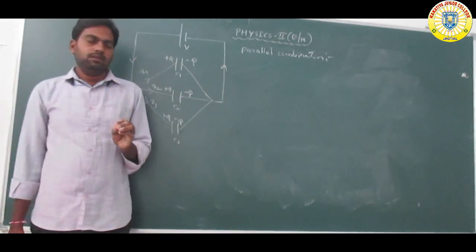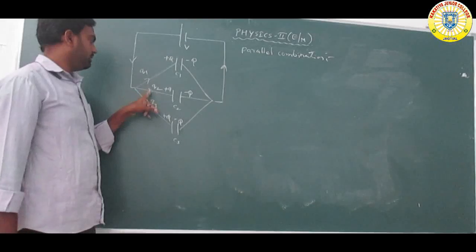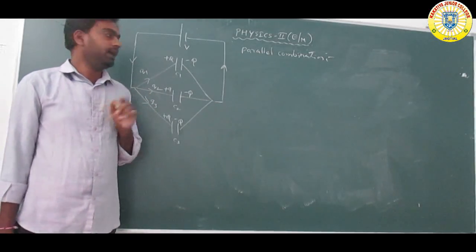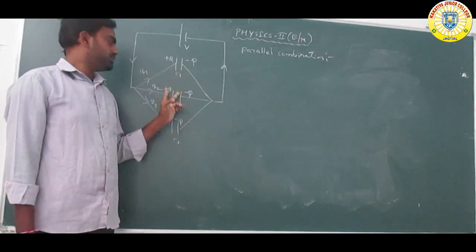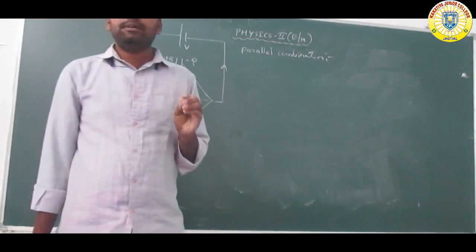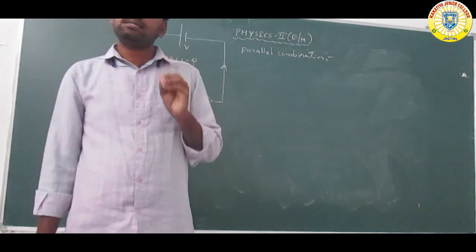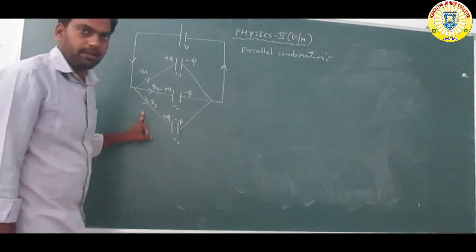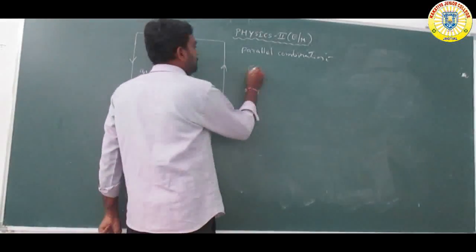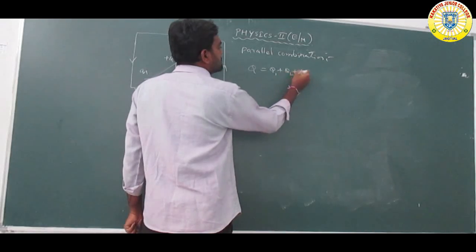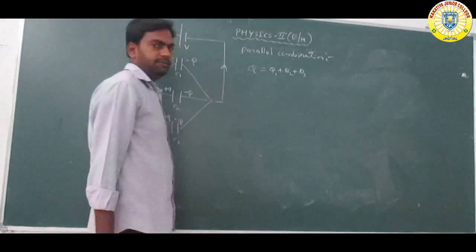The charge is divided as Q1, Q2, Q3. The potential difference on each capacitor is equal, the charge is different. The total charge Q is equal to Q1 plus Q2 plus Q3, from the circuit diagram.